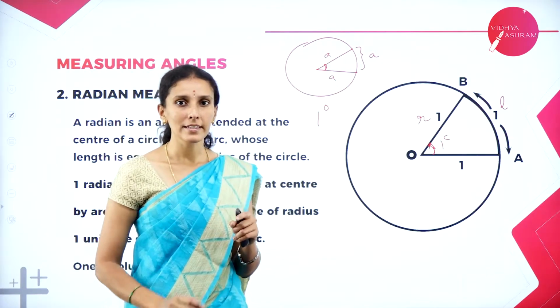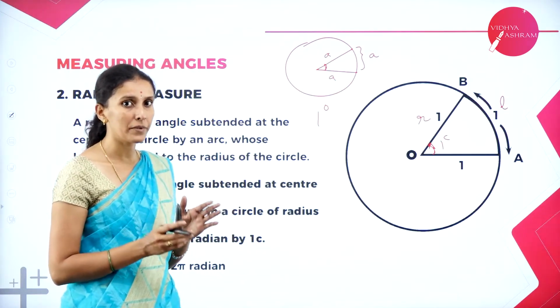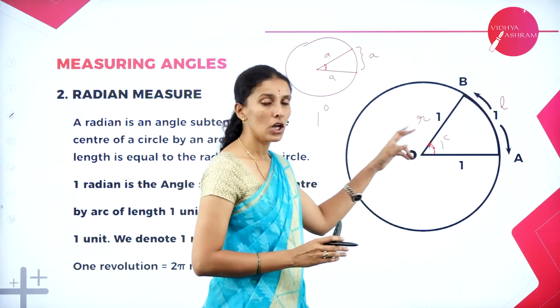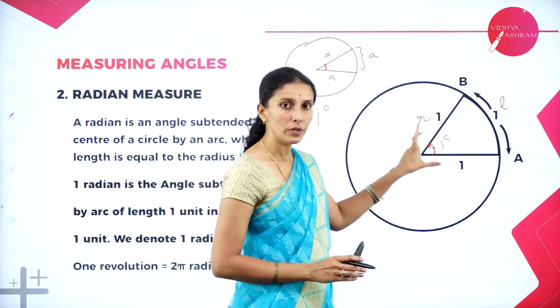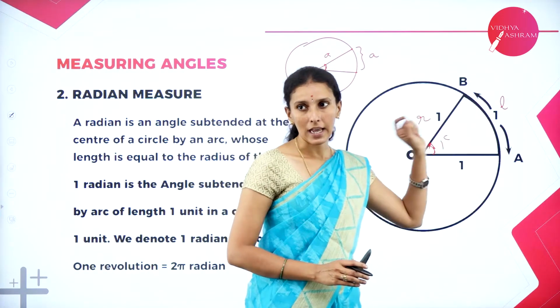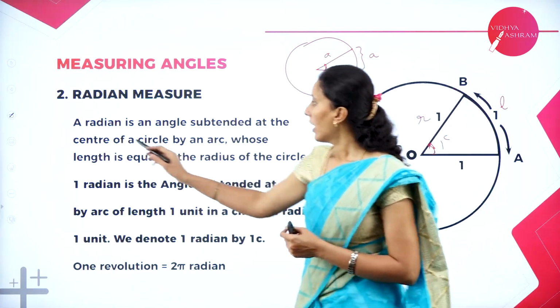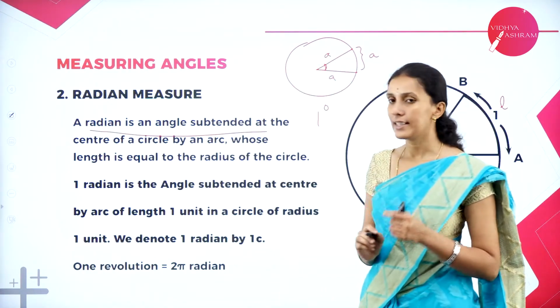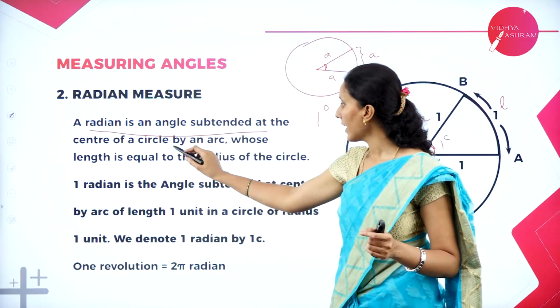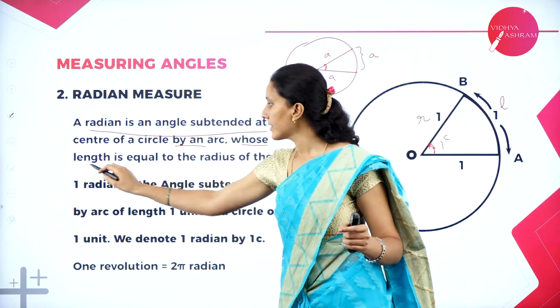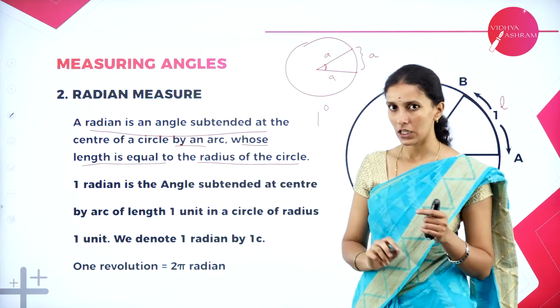So 1 radian is the angle subtended inside the circle in a sector with unit radius and unit arc length. That's why a radian is an angle subtended at the center of the circle by an arc whose length is equal to the radius of the circle.